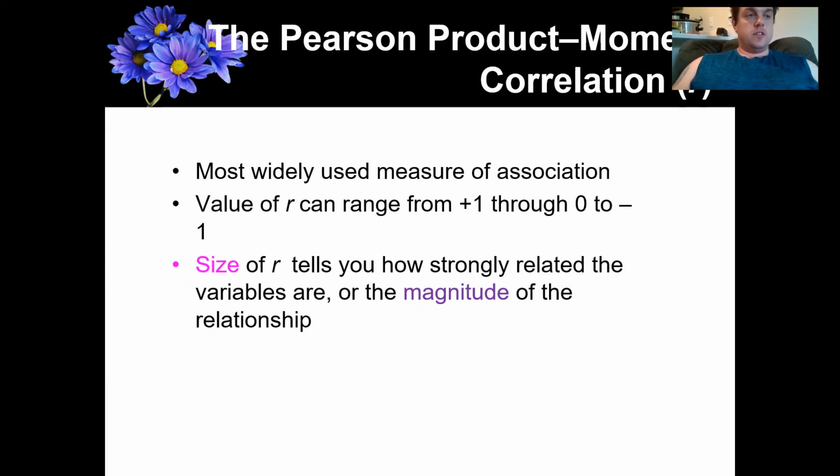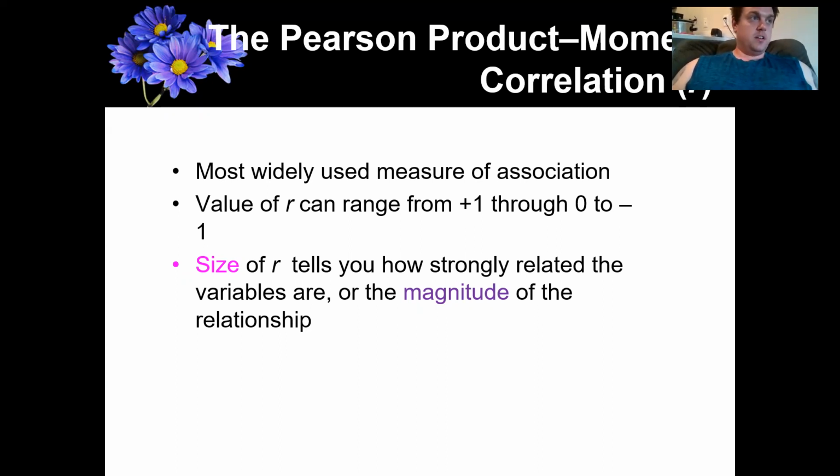So correlations, like I said, can vary anywhere from +1 to -1, and it can be 0. What a +1 means, and you never actually get this in real research, is a perfect positive correlation. If you have a value of 0, that means there's no correlation.